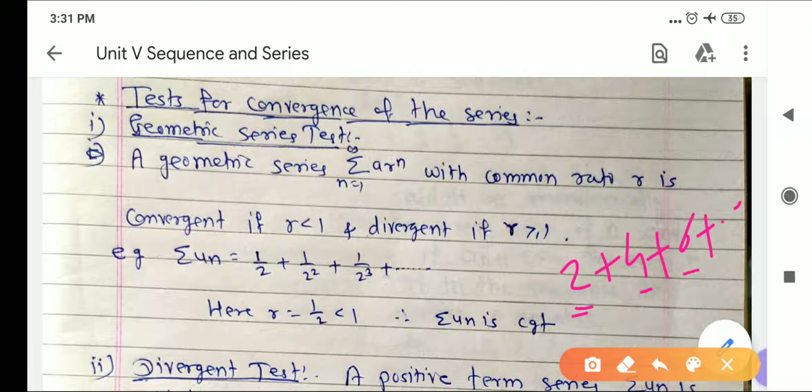In each term 2 is present, so r equals 2 and 2 is greater than 1. So using the geometric series test, this series is divergent. Okay, so this is the geometric series test.